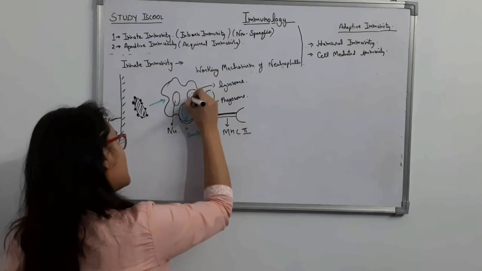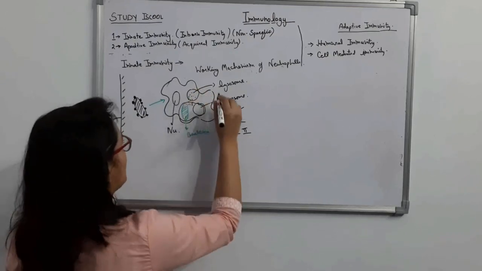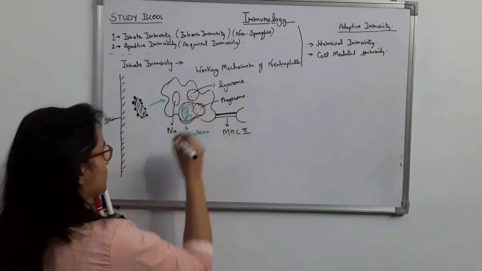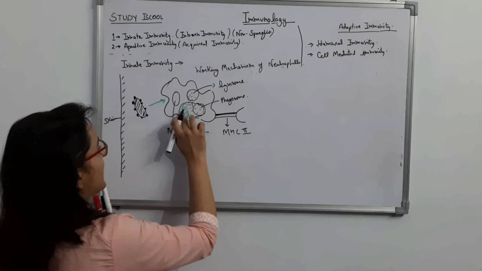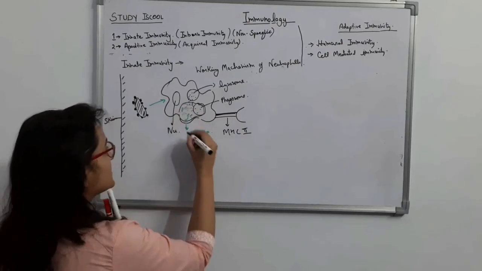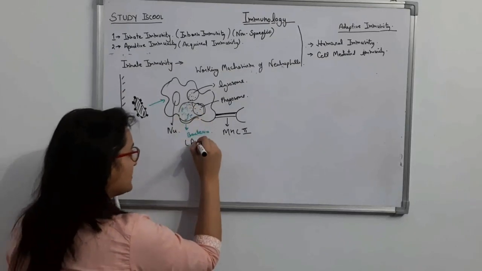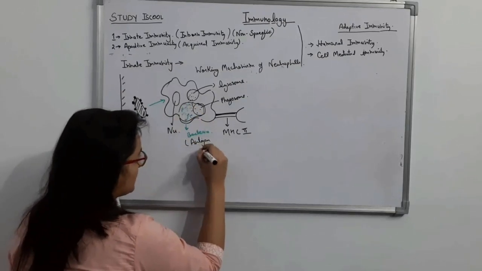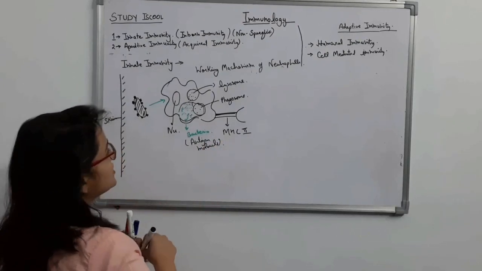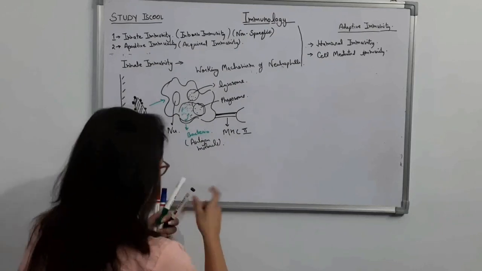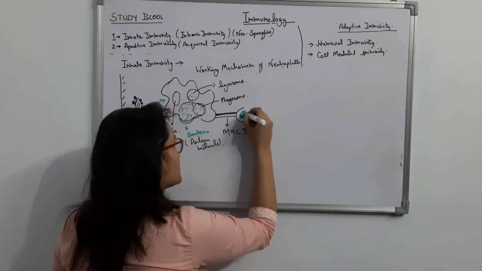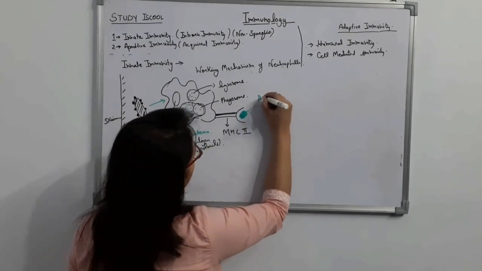All the enzymes present inside the lysosome are released inside this phagolysosome, and after that the lysis of the bacteria occurs. Now further, these antigen molecules are showcased with the help of this MHC2 molecule to the rest of the immune system cells. This is the antigen.